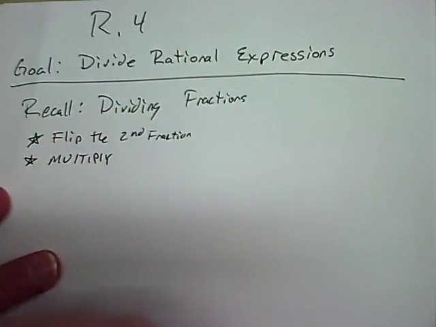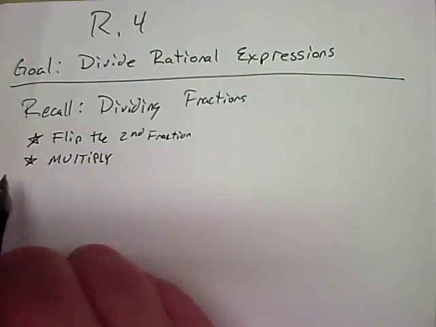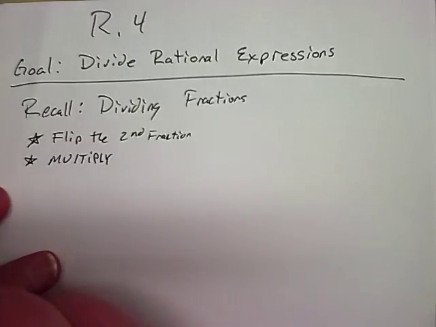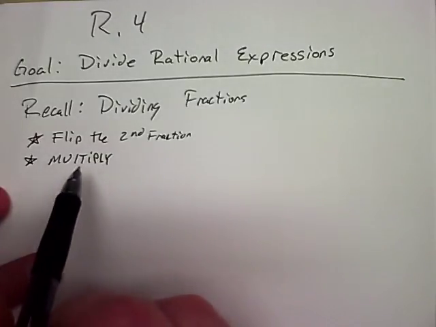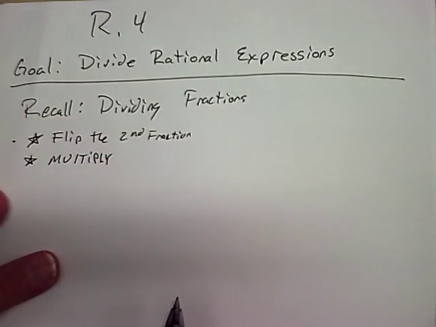So just as we did whenever we were multiplying rational expressions: factor, factor, factor, cancel where you can. Here, it's the same thing, except I have to flip the second fraction.